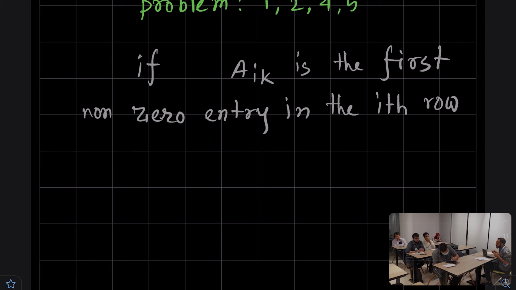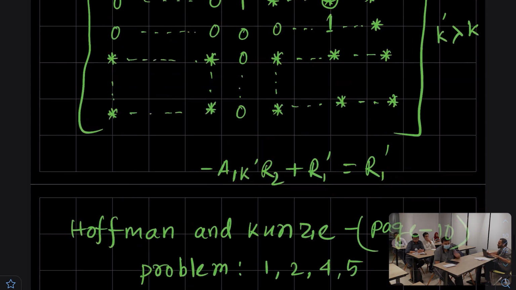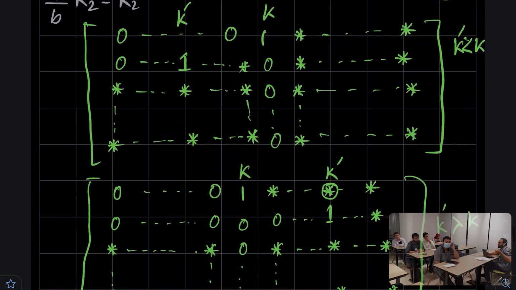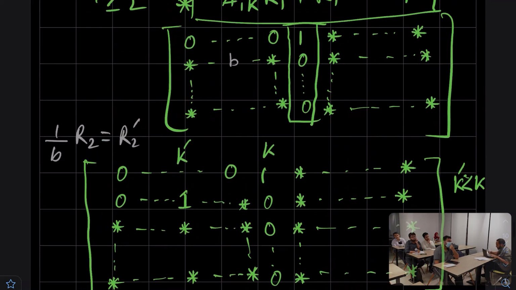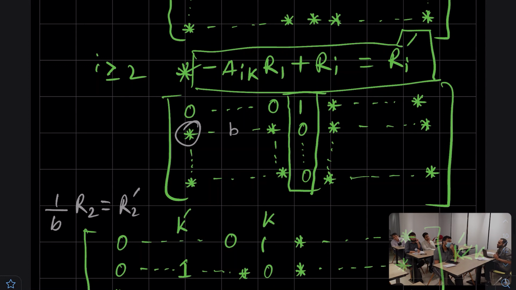No, my question was, if it is not the first non-zero, there are other elements before that? Okay, so that was not what I'm considering. If the first entry that is non-zero is that entry, okay. As I said, this entry can also be a non-zero entry, right?